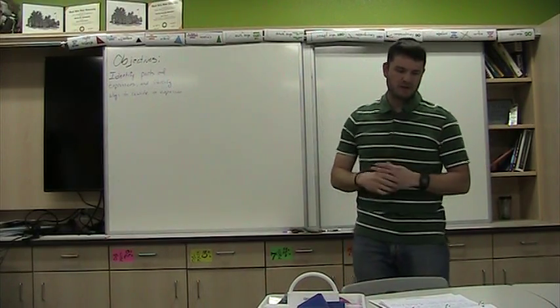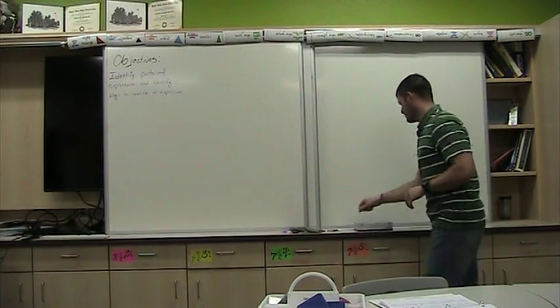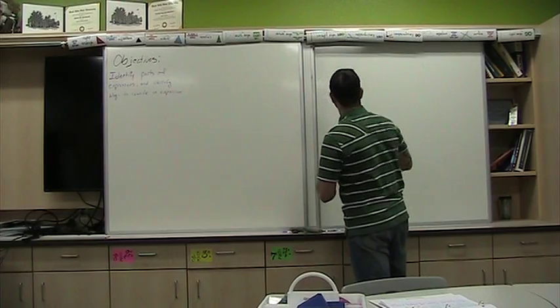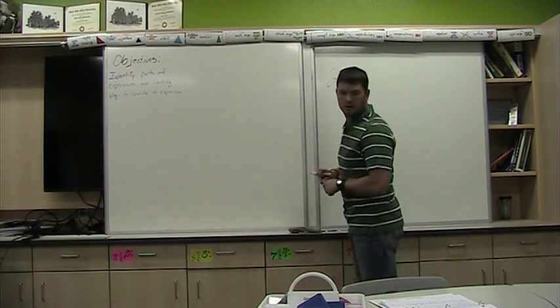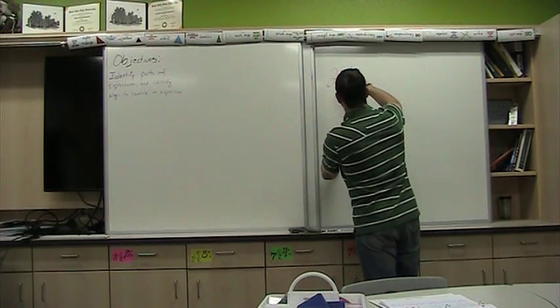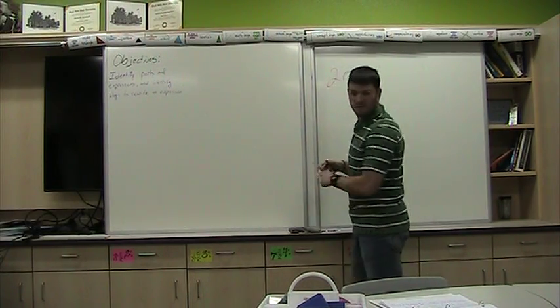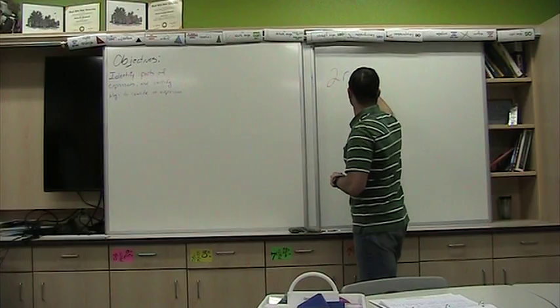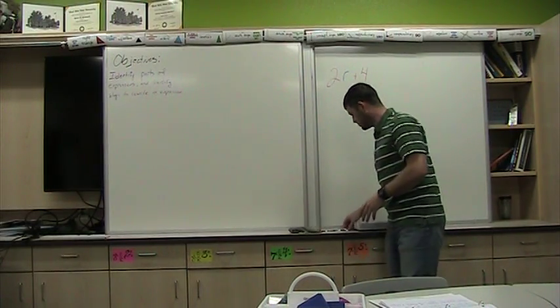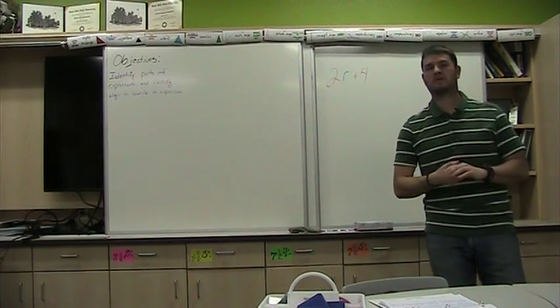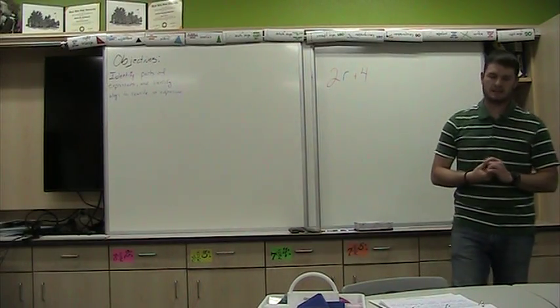The revenue can be found with the following expression. It says 2R plus 4 is the expression used to find the revenue based on attendance.